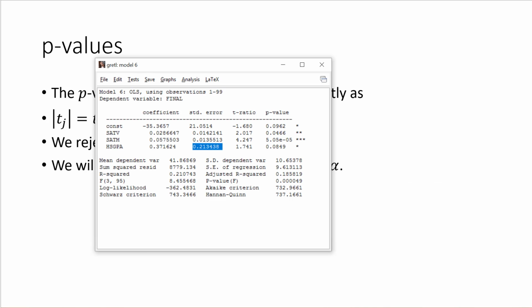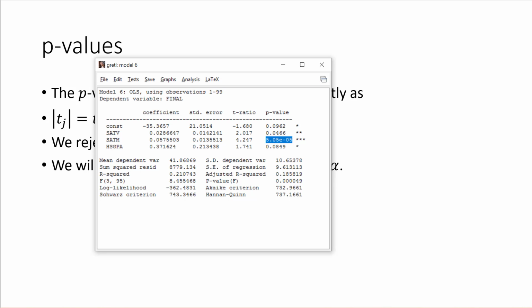So looking at the example again, it's just so much quicker looking at the p-values. If we decide on 0.05, we immediately see that this is less than 0.05, so that should be rejected. We reject beta 2 equal to 0.